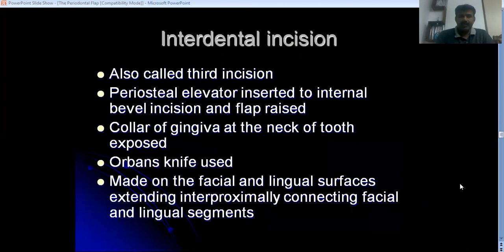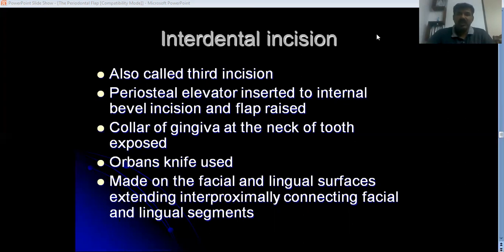The third incision is otherwise called the interdental incision. The second incision, and even the first incision, does not go interdentally. So after the internal bevel incision and the crevicular incision are done, you reflect that part of the gingiva, and then interdentally you place the Orban's knife.